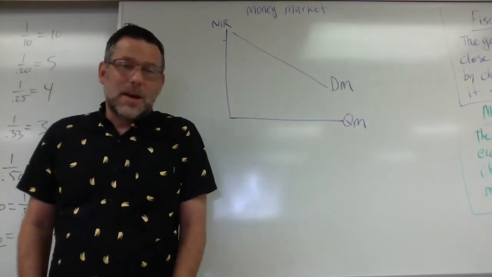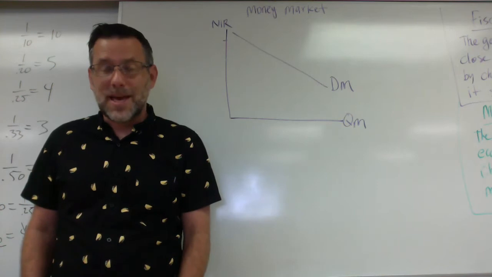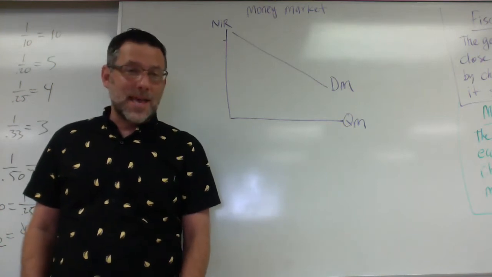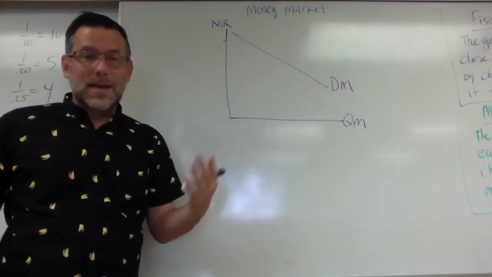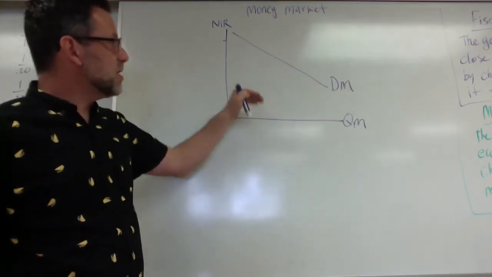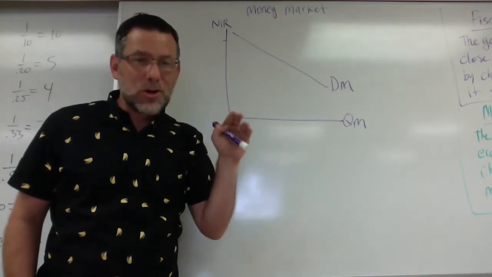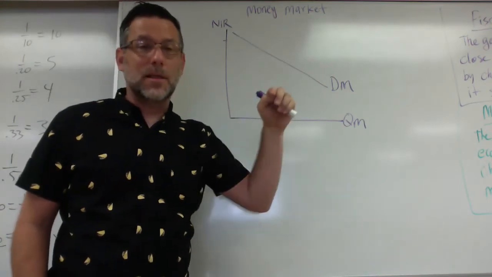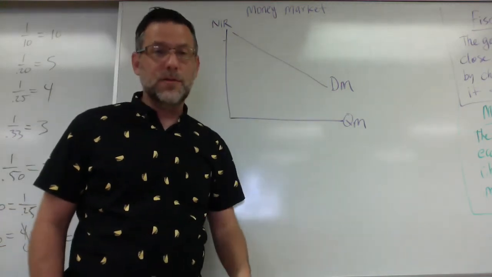Well, I'm going to scrounge up every cent I can to put into that bank for a year because I want to earn that interest. So when interest rates are high, I don't want M1, I want interest-earning assets, stuff that's going to collect interest so that I can make even more money in the future.